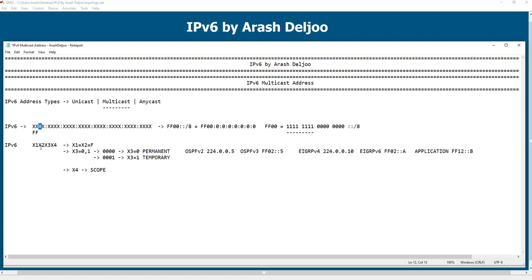The third character is also important. x3 is 0 means a permanent IPv6 address, and if x3 is 1 it means a temporary IPv6 address. This is important. And also x4 is important, but other parts of the IPv6 address can be set to any value. Only the first hextet is important.